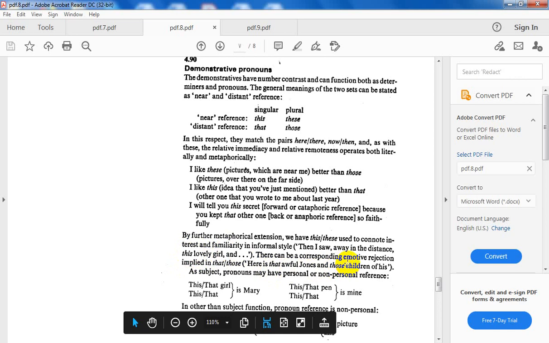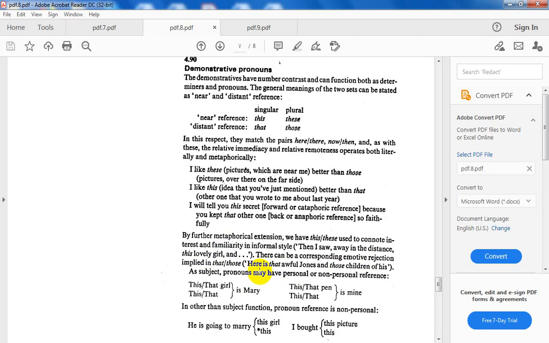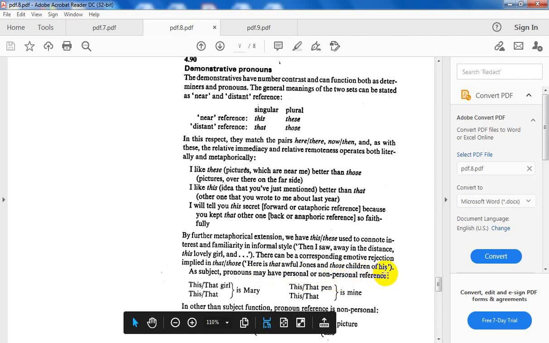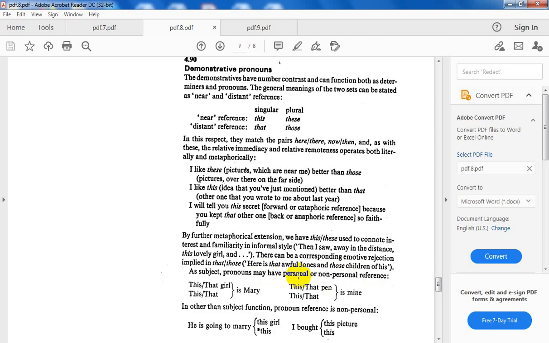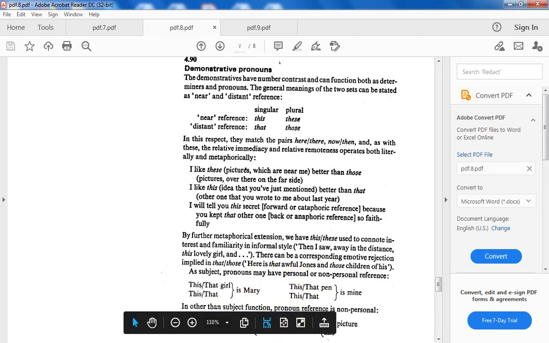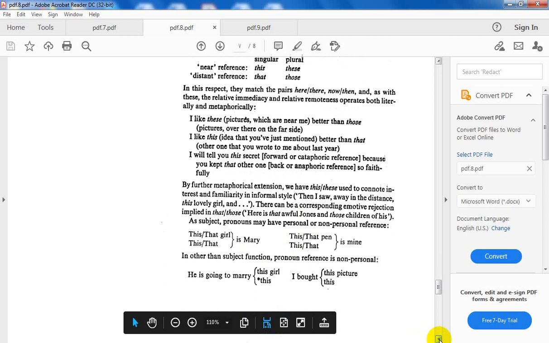There can be a corresponding emotive rejection implied in that, those. Here it should be near, in near distance, as in: is that awful John's and those children of his. Here they are going to hate John, so they distance him. Okay, it is near but treated as distance, which is some sort of emotion related to metaphorical use, something not real.